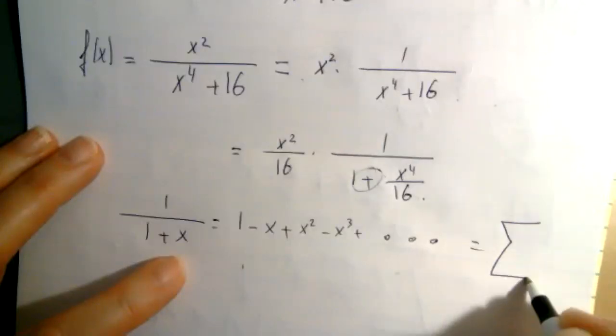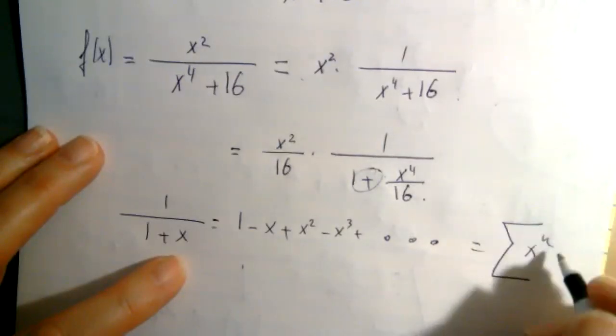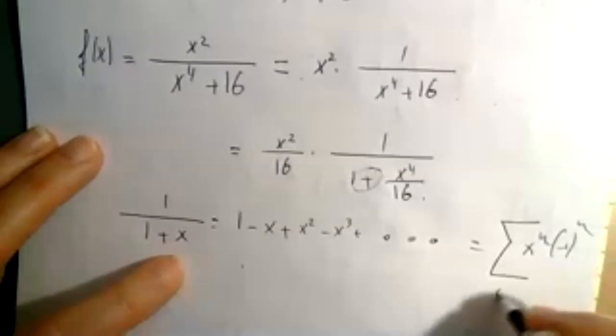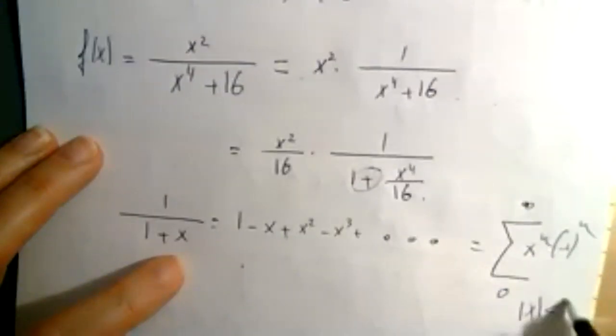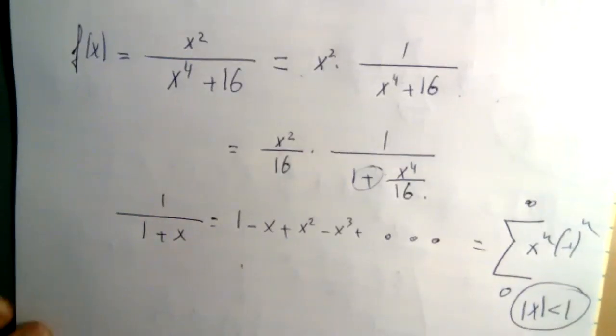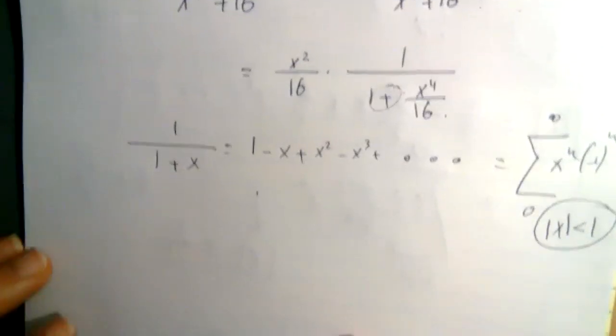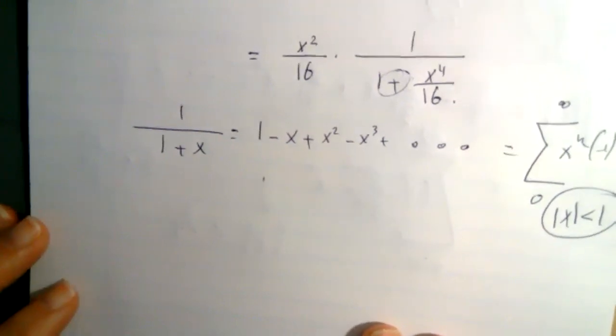And this is the sum of x to the n with a minus 1 to the n from n equals 0 to infinity. And this one holds as long as the absolute value of x is less than 1. So now let us go to ours and start plugging in the numbers.